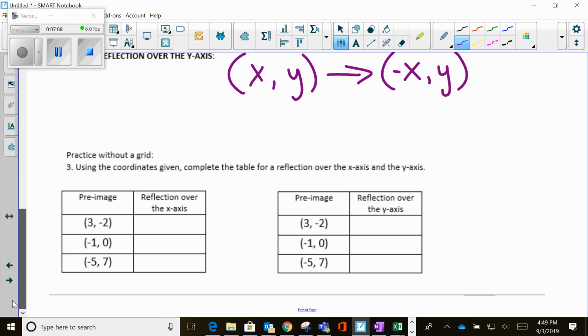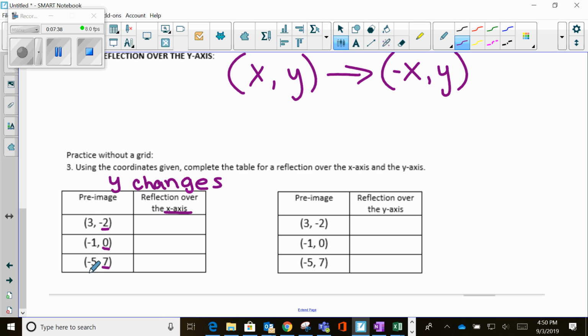To finish up these notes, we're going to look at some examples when we don't have the coordinate plane. But I do have the directions that for this original pre-image, I want to reflect over the x-axis. If you can remember that for a reflection over the x-axis, the y changes, then I know I'm going to look at each y value in my set of points and change it to its opposite sign.